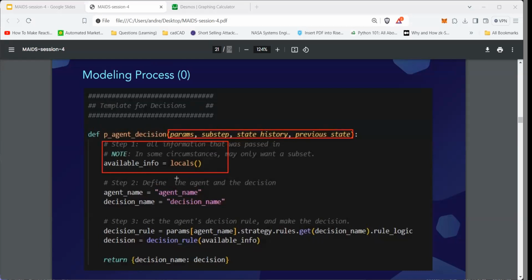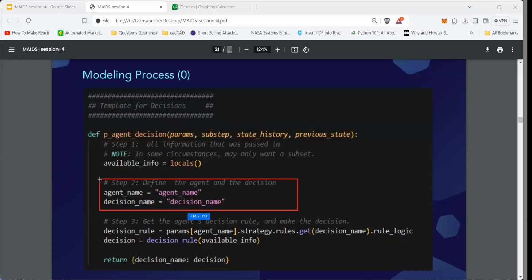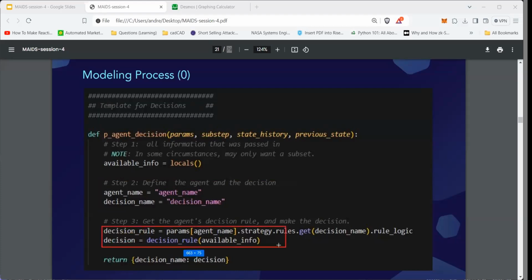After that information is captured, I have a code block here, and all it does is define the agent name and the decision that is being made. And finally, that is passed to a decision rule.